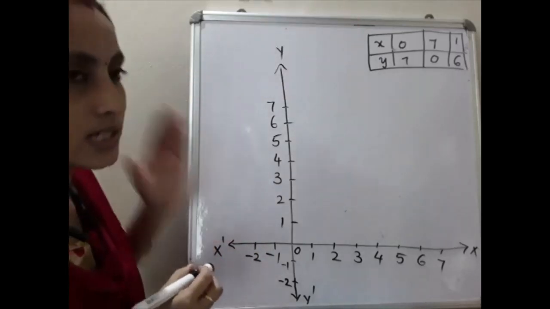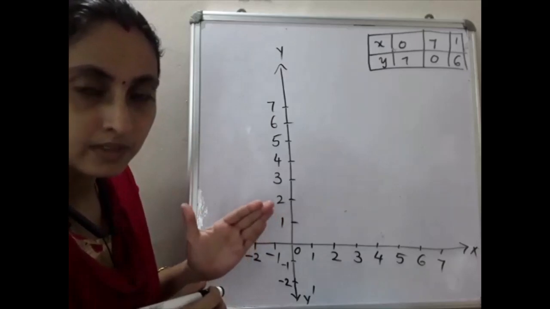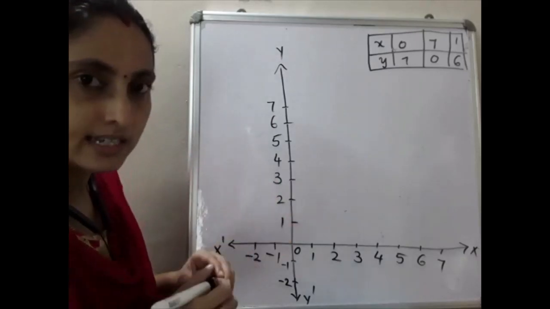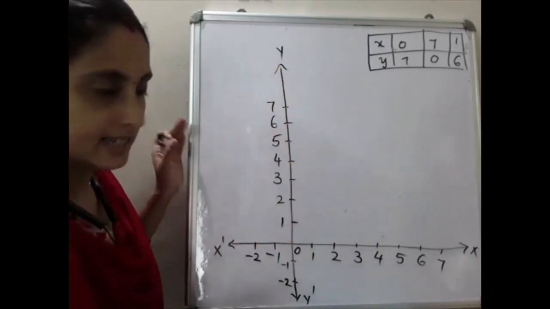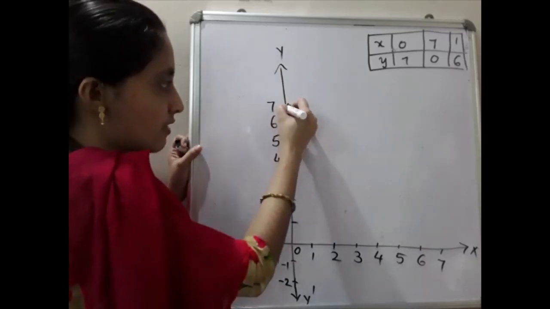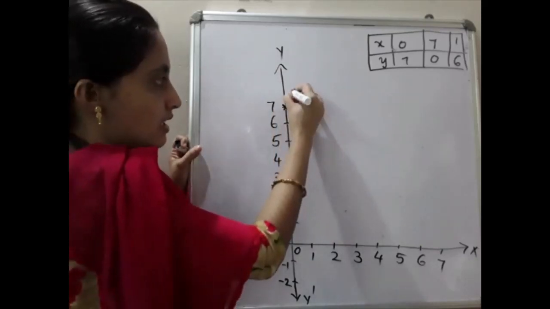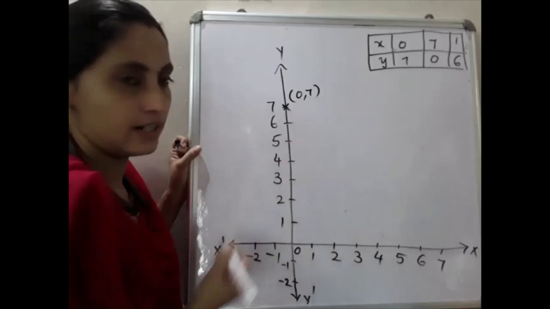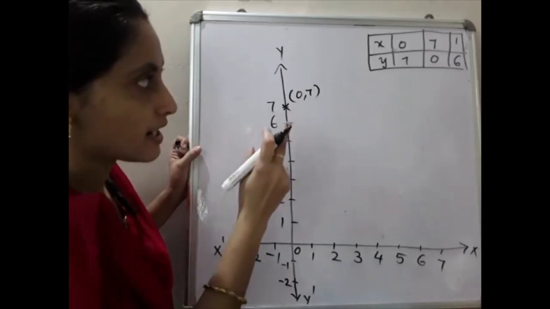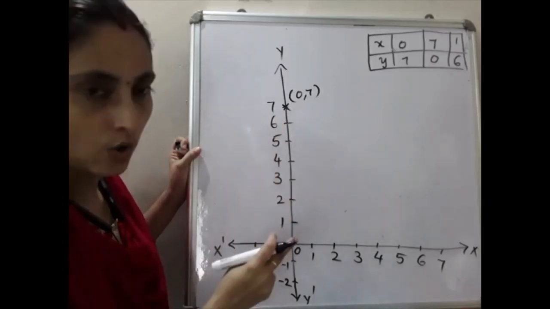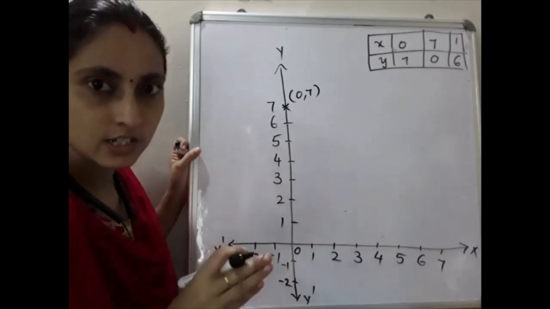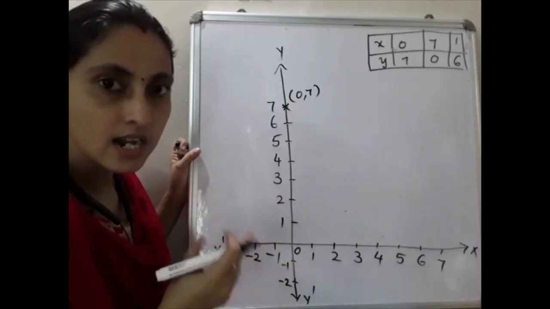First point is what? 0, 7. 0, 7 means the x coordinate is 0, so it lies on the y axis. It is positive, so that point is here. You mark it here as 0, 7. The next point is 7, 0. The y coordinate is 0, which means it lies on the x axis.